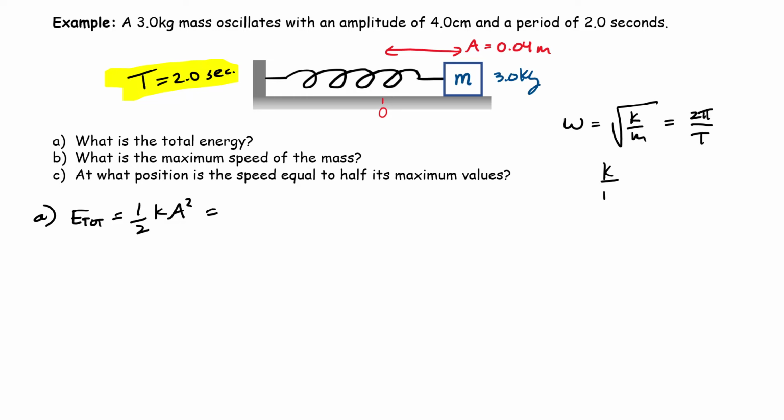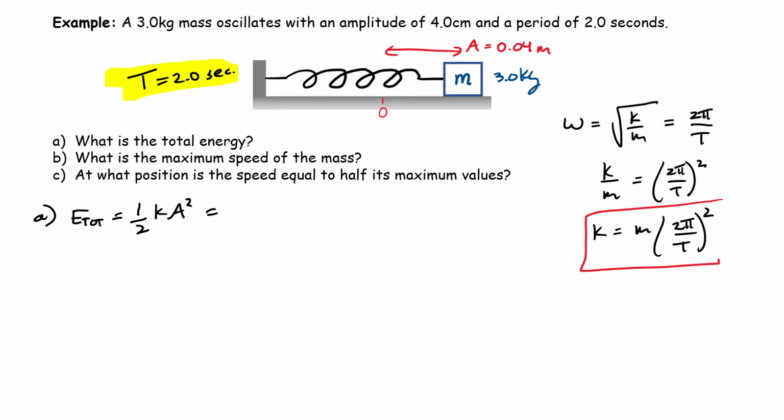So we have k over m equals (2 pi over T) squared, if I square both sides. As long as I bring the mass over to this side, I have an expression for the spring constant, in terms of variables provided in the problem. I know the mass, I know the period, so I can calculate this as a number.